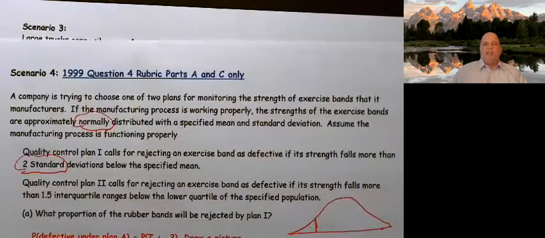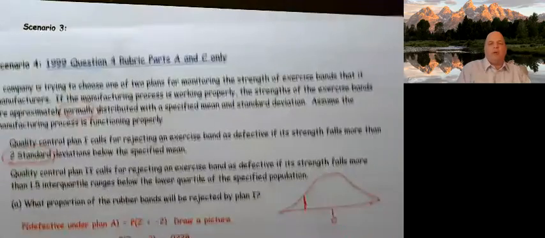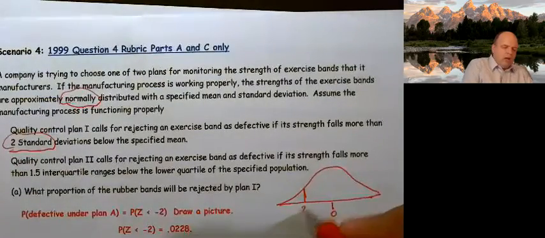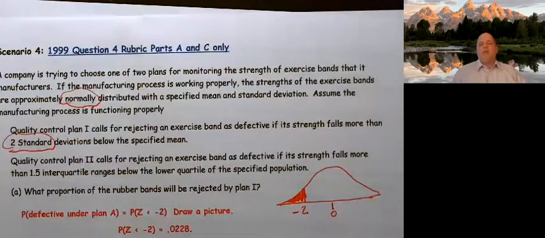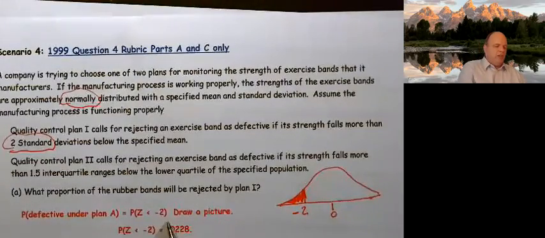They didn't give me a mean or anything like that, but they said 2 standard deviations. Well, I know that my z-scores are centered at 0, and I want 2, so I'm looking for the probability that it's less than -2. All right, so the probability that z is less than -2, that's my drawing, that's my picture.